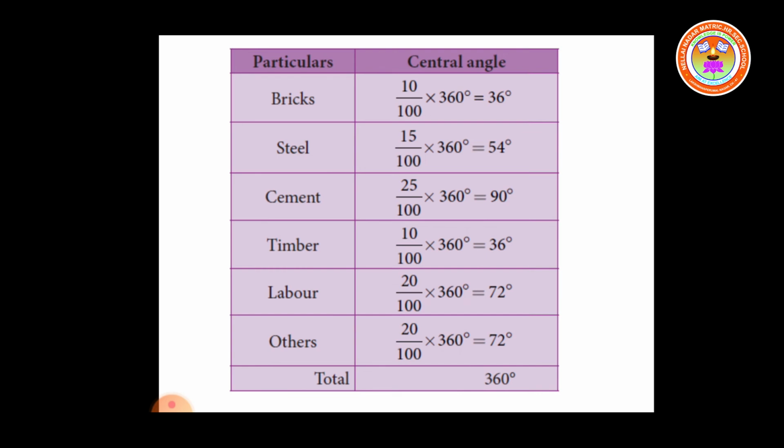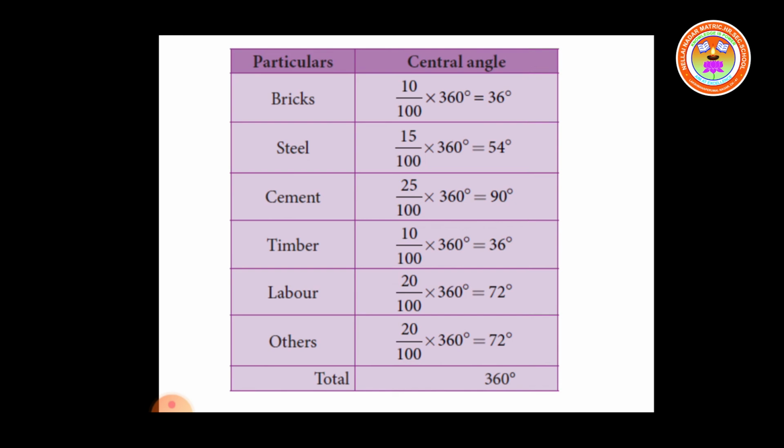Bricks 10 by 100 into 360 degree is equal to 36 degree. The zeros will be cancelled. So remaining 36 degree. Next one. Steel 15 by 100 into 360 degree gives 54 degree. Next is cement 25 by 100 into 360 degree.